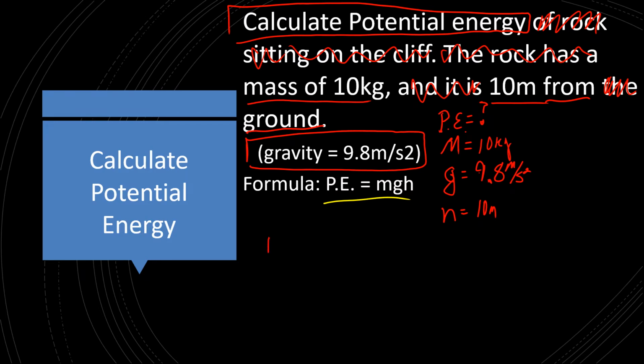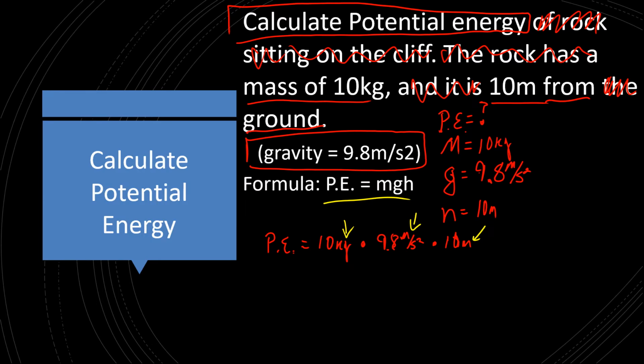So we're going to write our formula, PE equals 10 kilograms times 9.8 meters per second squared times 10 meters. Something important to point out before we begin: that's in kilograms, that's in meters, that's in meters per second squared.